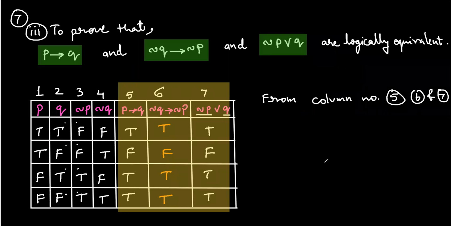Fortunately, students, we have already proved it. When I taught you logical equivalence, I solved a problem where we proved that P implies Q is logically equivalent to negation P or Q. This saves our time.